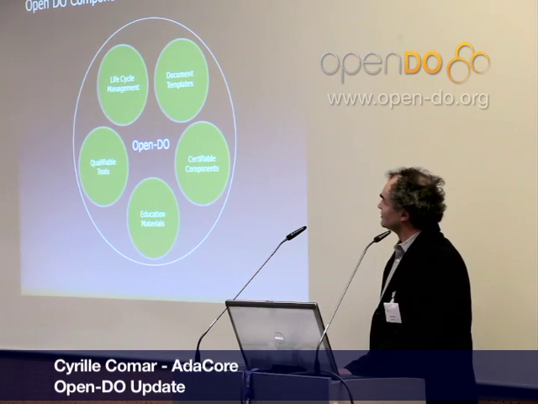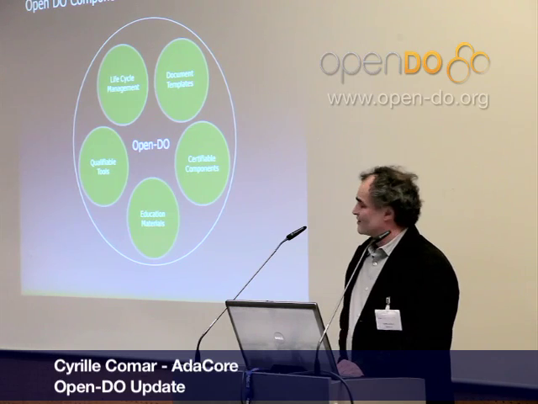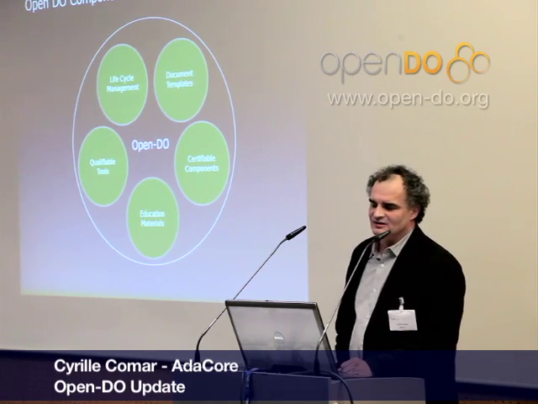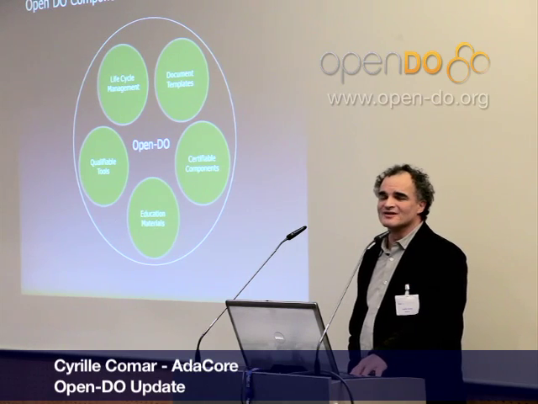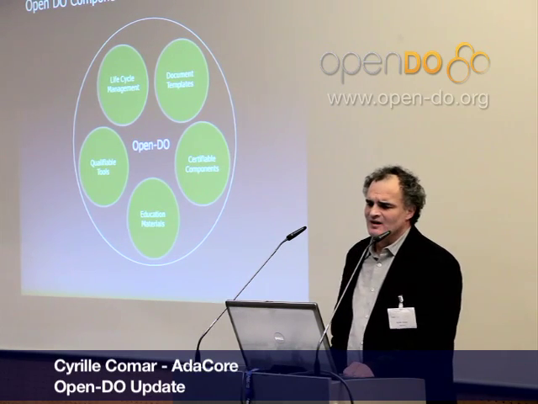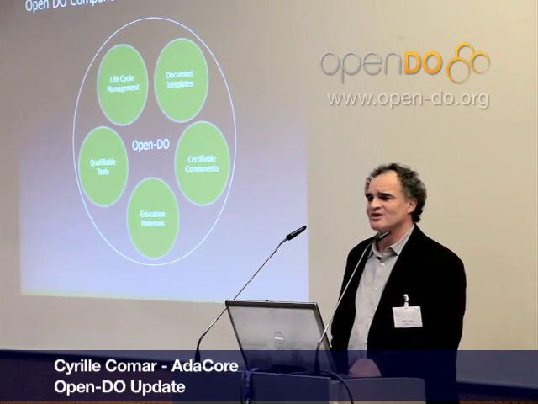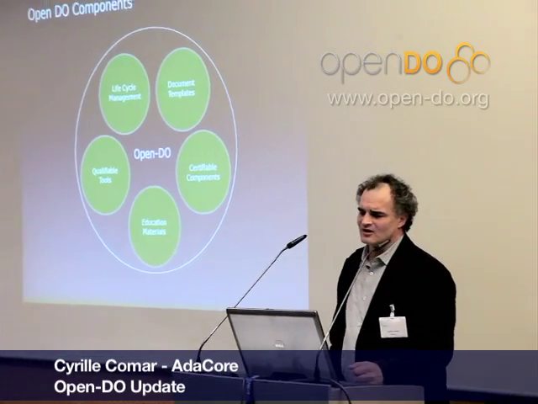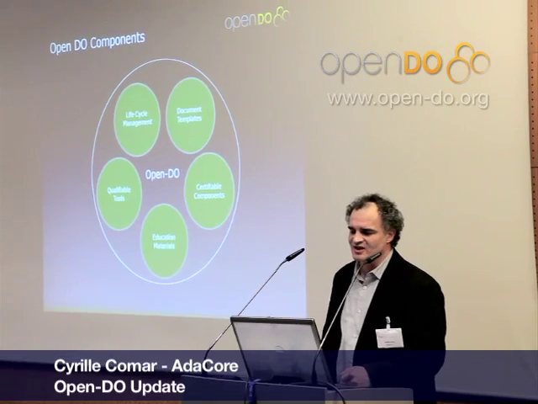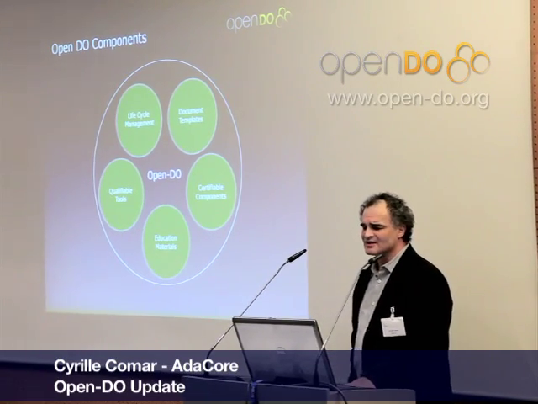So, a little reminder that last year we were expecting to see 5 different types of components in this OpenDO initiative. Document templates and education materials are fundamental to help people get into the world of certification and high integrity development.